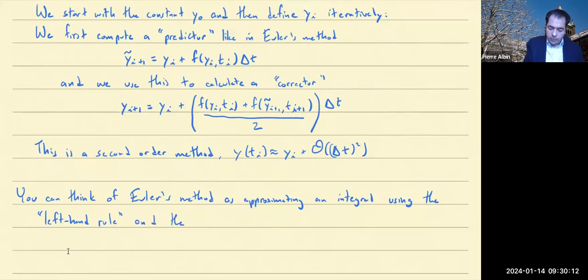The improved Euler's method is then like approximating an integral using, instead of the left-hand rule, the trapezoidal rule.